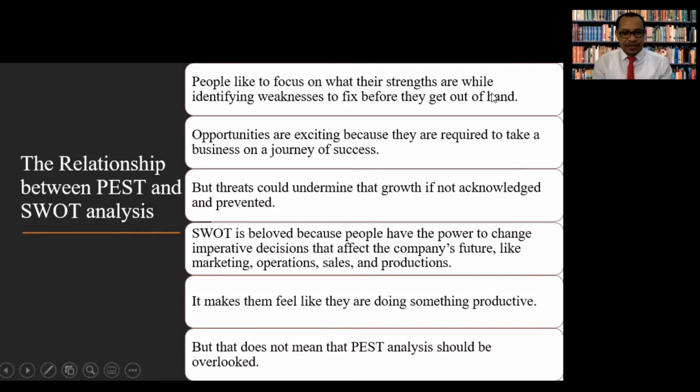In that case, SWOT is loved by so many people because it enables them to make decisions that could have a positive impact on the future operations of their business in the area of marketing, operations, sales, production, and the rest of them. And doing SWOT analysis makes a lot of business owners feel like they are doing something very productive by identifying issues that could enable them to succeed in business.